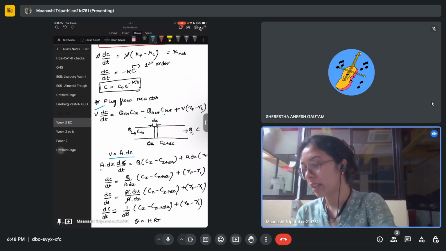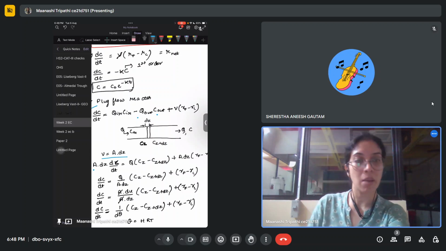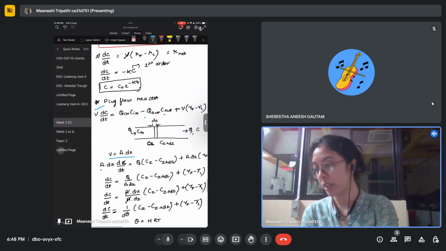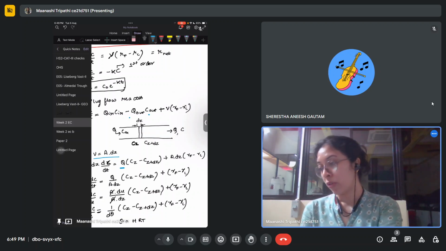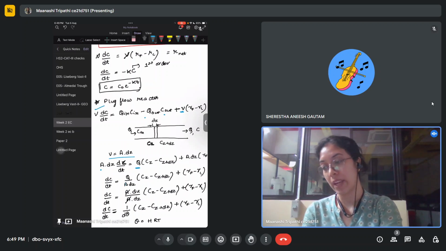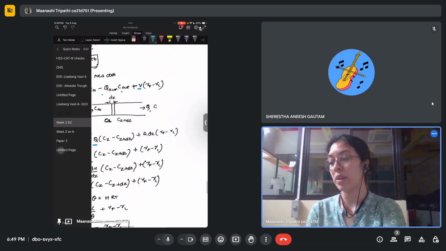We got A dz dC by dt is equal to QC, because the same flow is going in and the same flow is going out. So Q can be taken as common, and in the bracket Cz minus C z plus delta z. For this volume also A dz RF minus RL. Dividing the whole equation by A dz, we will get dC by dt is equal to Q by A dz, Cz minus C z plus delta z, plus RF minus RL.